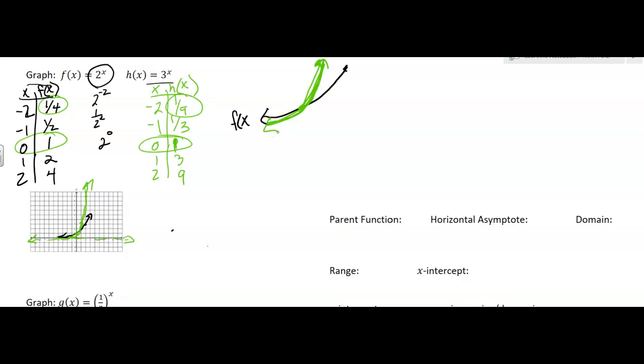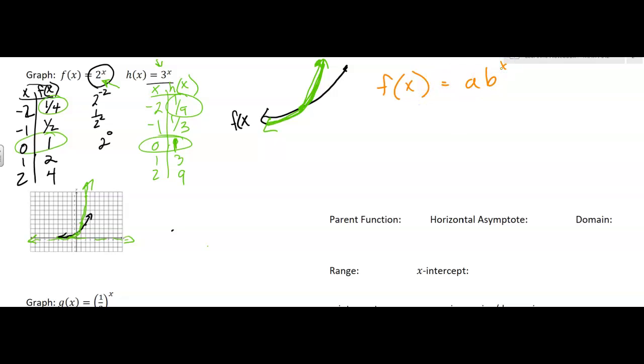Now, what does it mean? It means that the base here, that is 2, and the base here that's 3, that makes a difference. If you had 5 to the x, that would be a different curve, okay? So these functions, remember, an exponential function is based on f of x equals a b to the x.